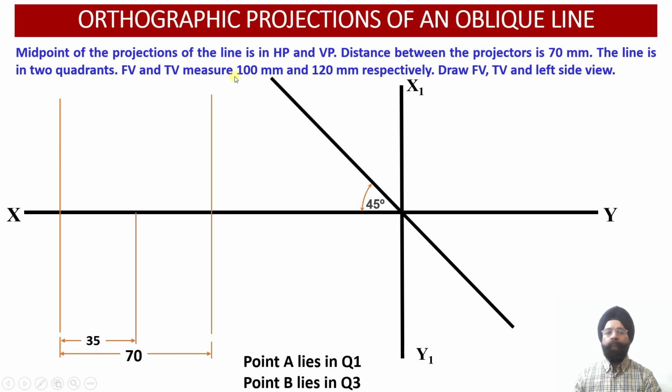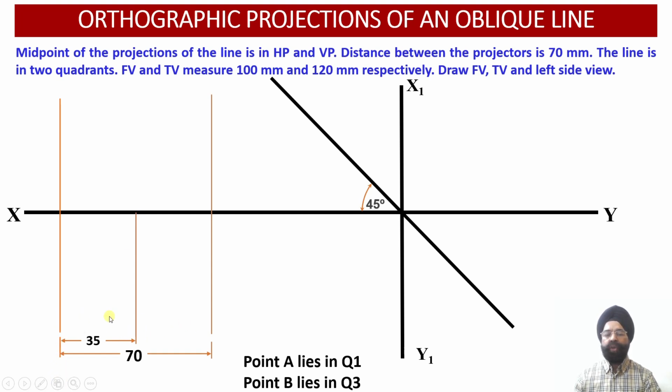Since both of these projectors are going to meet in the horizontal plane and the vertical plane, the A dash B dash midpoint will be lying on the horizontal plane, and the AB top view projection midpoint will be lying on the vertical plane. So both of these projectors will be coinciding at the midpoint of this distance.